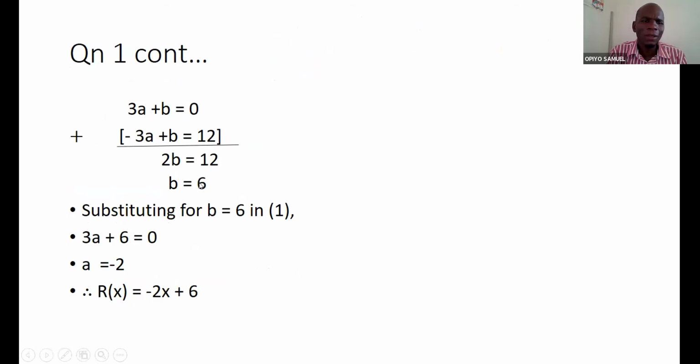So from there we can now determine the value of lambda, and the value of lambda, as you can see, let me delete this, it will interrupt our presentation. So the value of lambda is 5 out of 22.